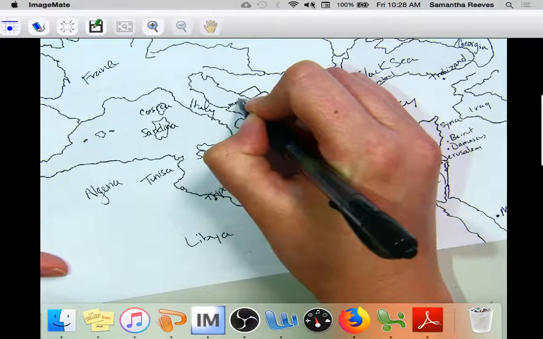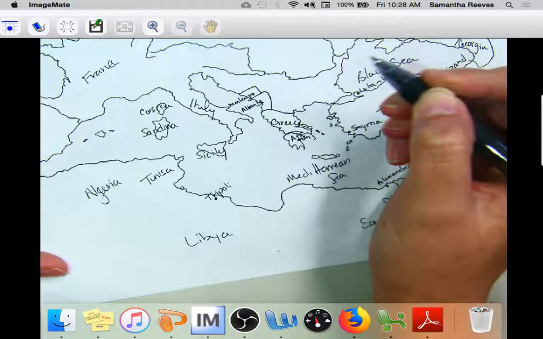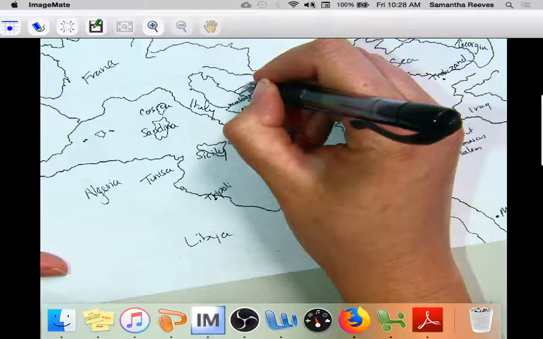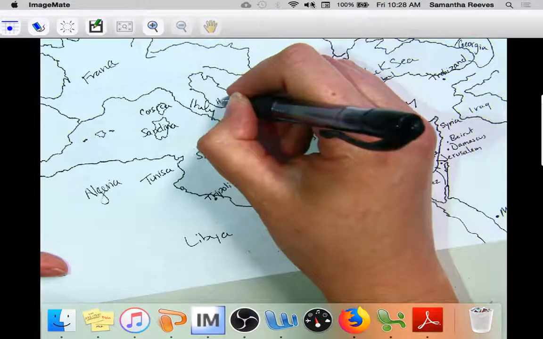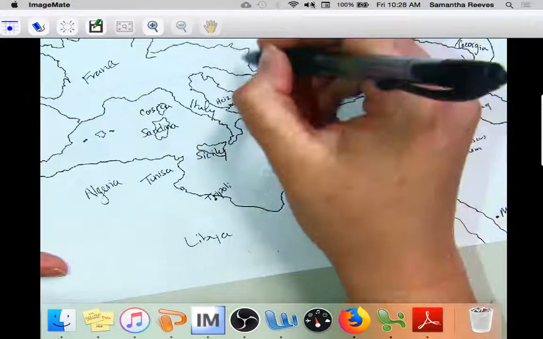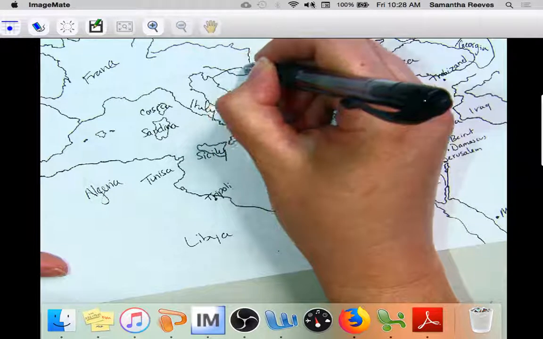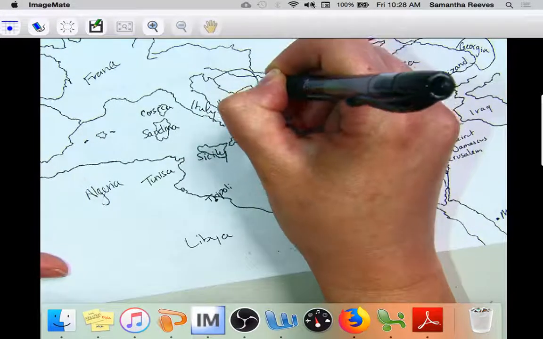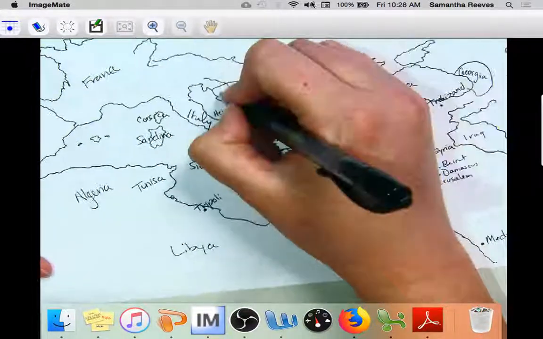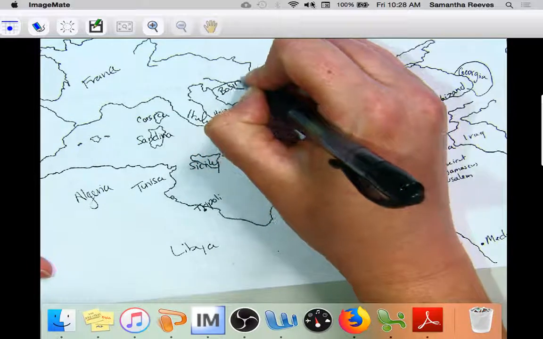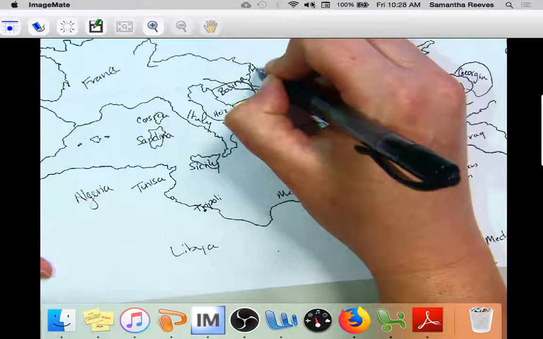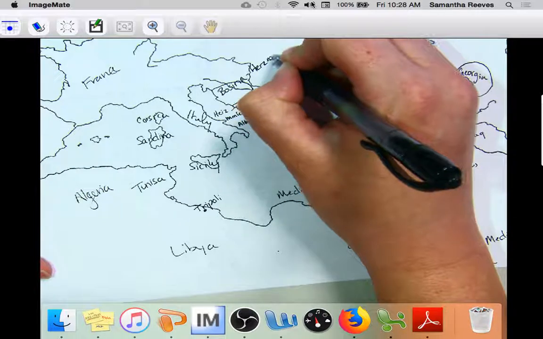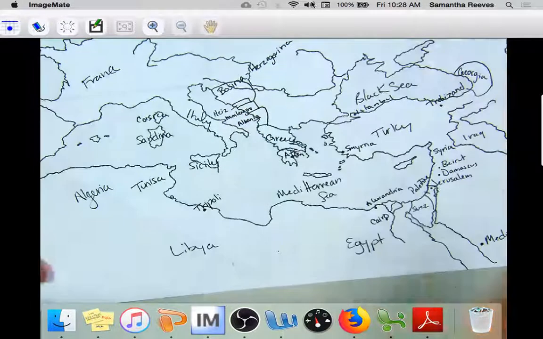Montenegro. Hercegovina. And then Bosnia. Bosnia-Herzegovina.